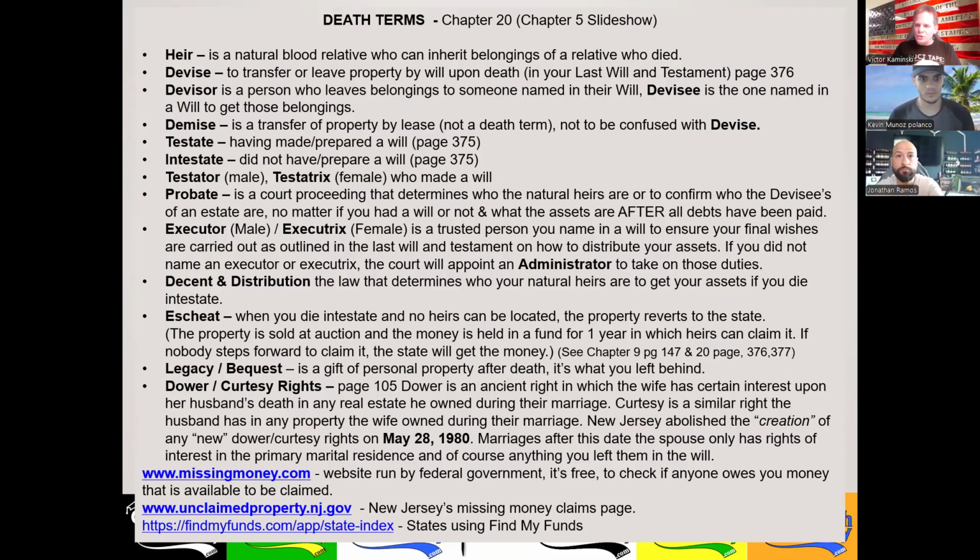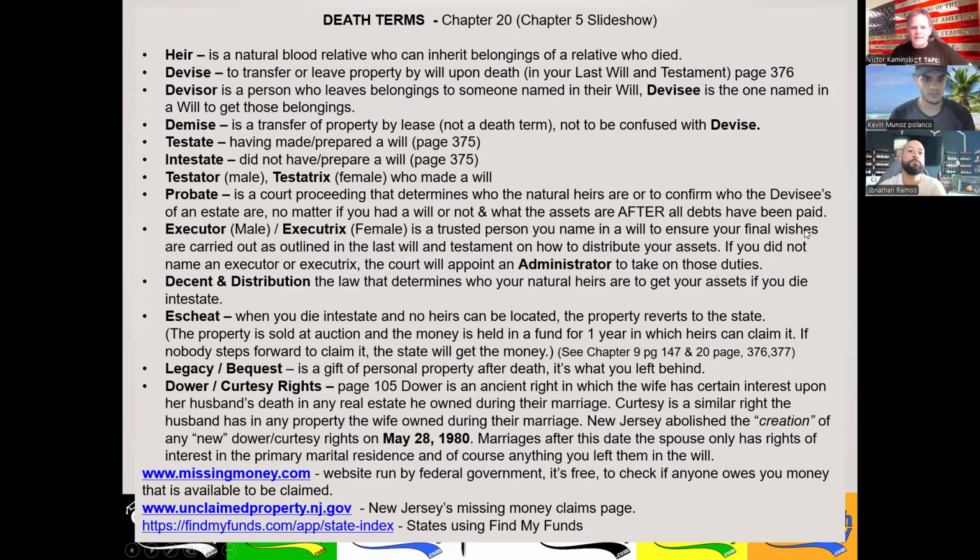An executor is a man that you name in your will to make sure that those final wishes are carried out. An executrix is a woman, a female that you name in your will to be that person.